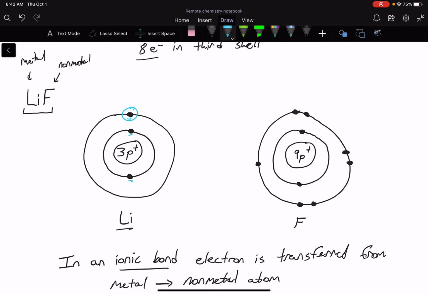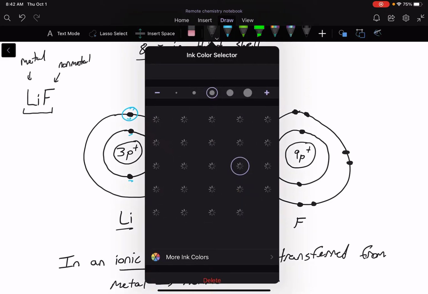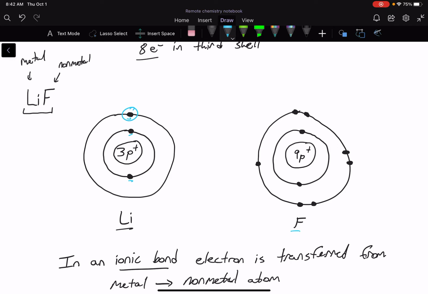But before we look at that, let's look at fluorine over here on this side. Fluorine has 2 electrons in its first shell, and in its valence shell it has 7. So fluorine needs 1 electron to fill its valence shell.